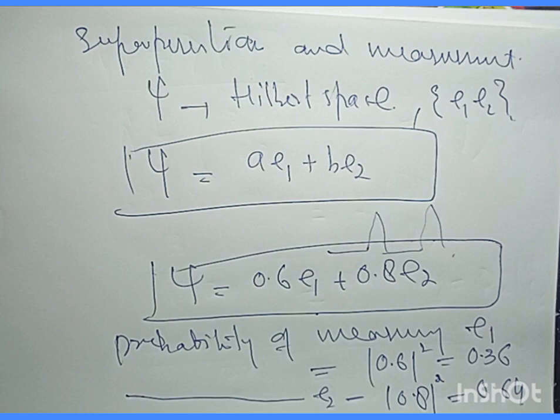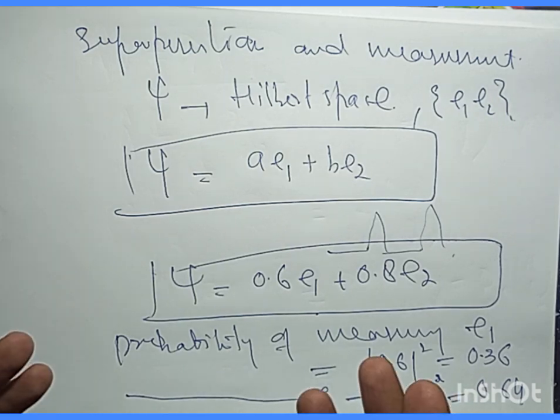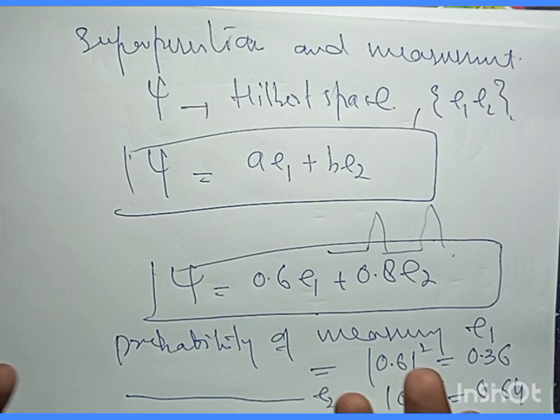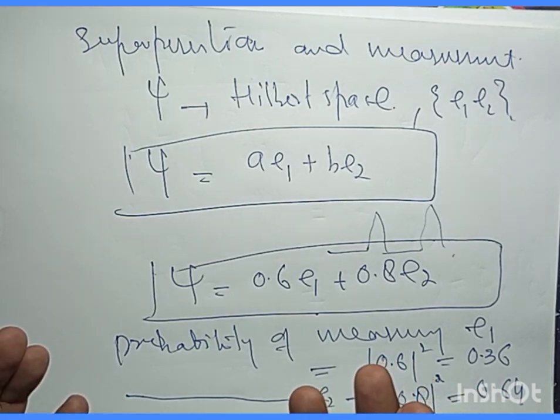So these Hilbert spaces are essential in quantum mechanics because they provide us a beautiful framework for describing the quantum states, for describing the observables, and carrying out the measurements. And we have the mathematical tools like the inner products, orthonormal bases, and operators.